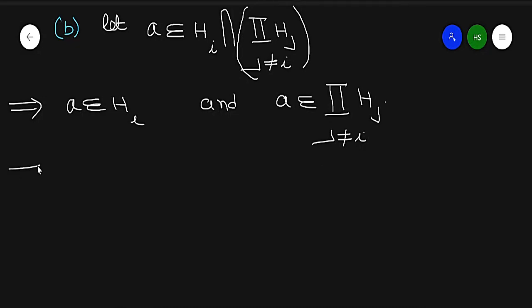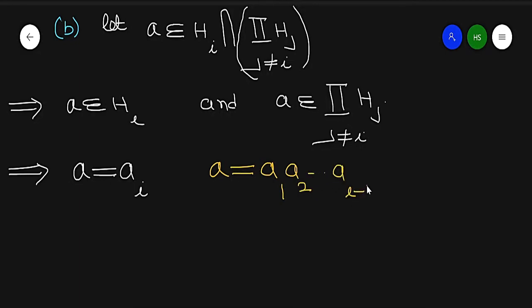So what do we get? We get A can be written as ai, so this ai belongs to Hi. And here A can be written as a1, a2, and then a(i-1), then a(i+1). So the ith term is missing, and so on up to an, where each ai belongs to Hi, right?